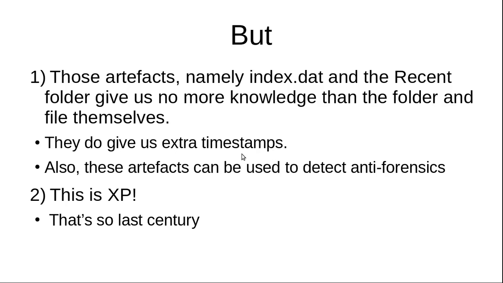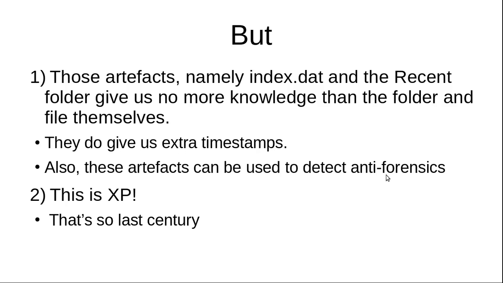For example, the file was visited when you double-clicked on it to start Notepad. That time would be the time when Notepad was started, whereas when you saved it, that was the time of the last modify date. So this can give us extra information. We know maybe how long the file was open. So these can be useful.